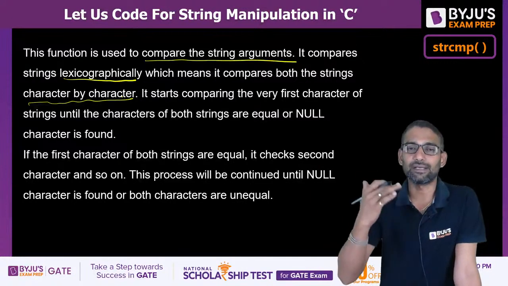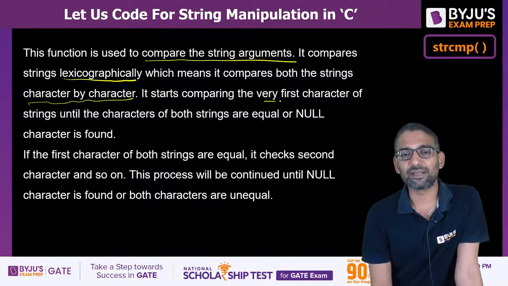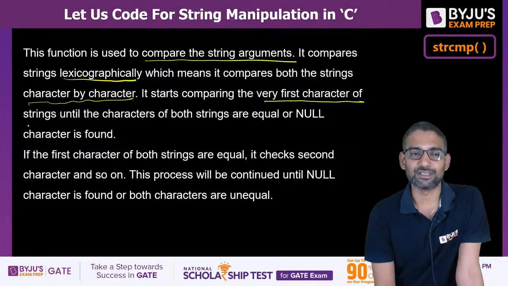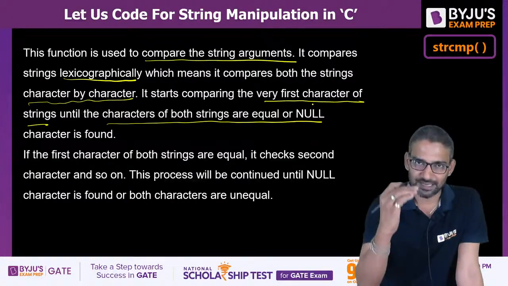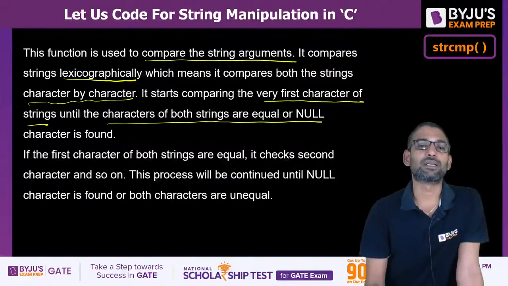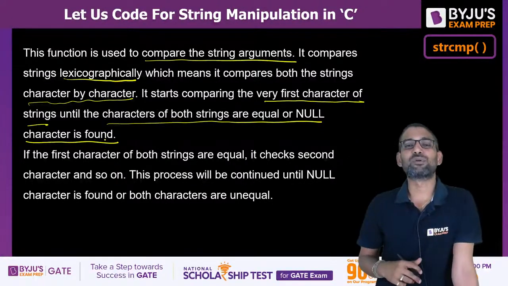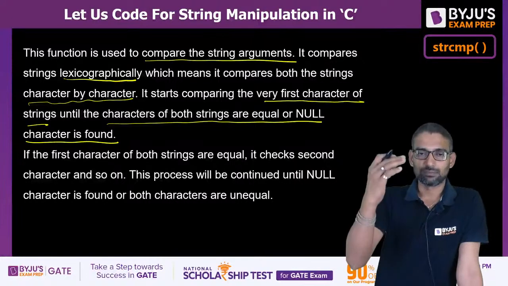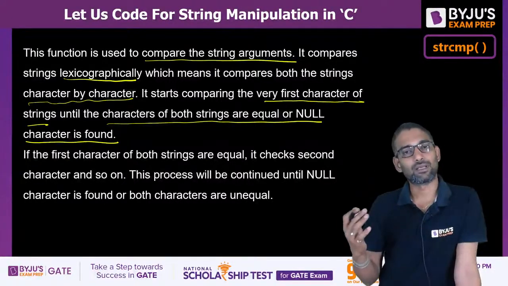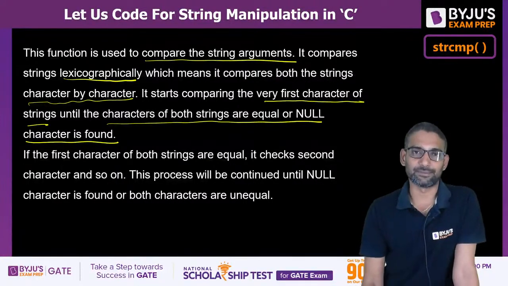It starts comparing the very first character of the strings, until the characters of both strings are unequal or null is found. Until null is found in either of the strings, or until both are unequal, it keeps comparing.